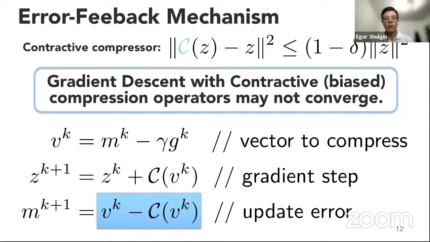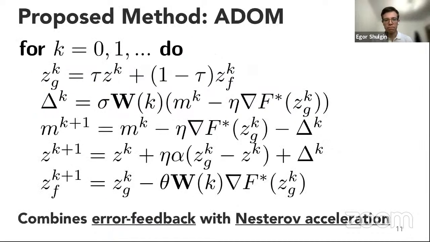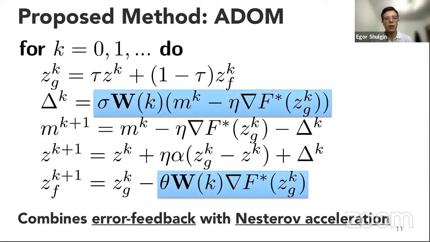And the combination of this error feedback mechanism with the Nesterov acceleration leads to ADOM, which is described here. I don't expect you to parse it at this point. ADOM corresponds to basically an accelerated decentralized optimization method, and it is suited for time-varying networks. And the main thing that I would like to highlight here is that we use the following terms to characterize the complexity of the method.